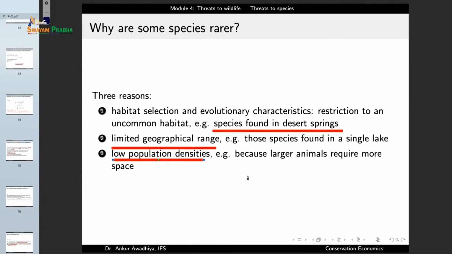Because the individuals are large in size, they require large areas, and a mechanism to deal with it is that these species have low population densities. Because this species has a low population density, it is a rare species.